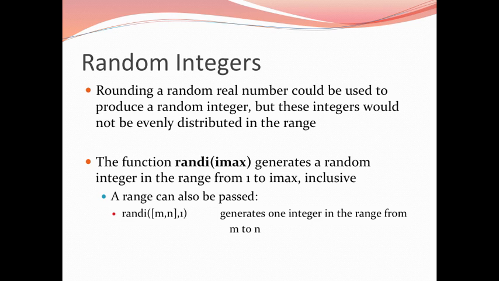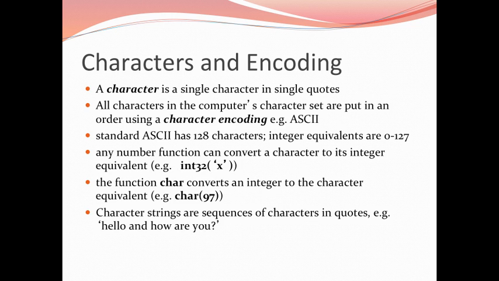You can also pass a range of values, for example, randi in parentheses, and then inside square brackets m, n, 1 generates one random integer in the range from m to n. So again, you can specify the range of values that you want for your random integers. Notice that you have a rand function for random real numbers and randi for random integers, but they're called in different ways.